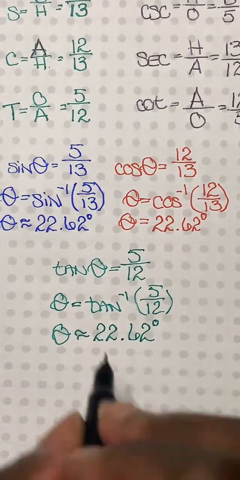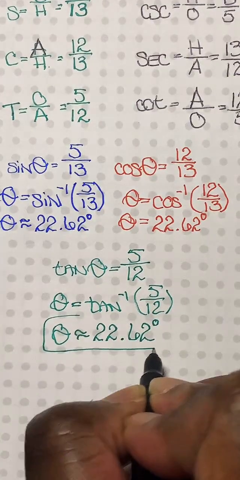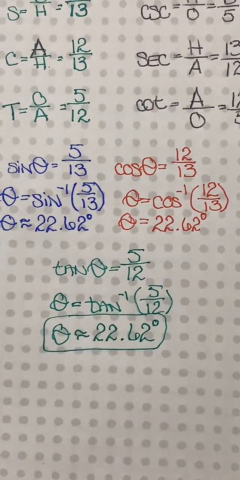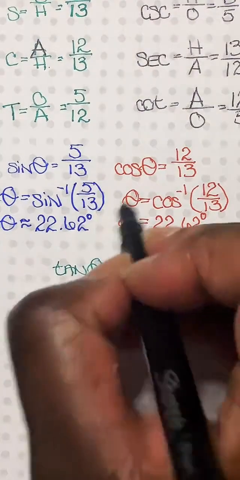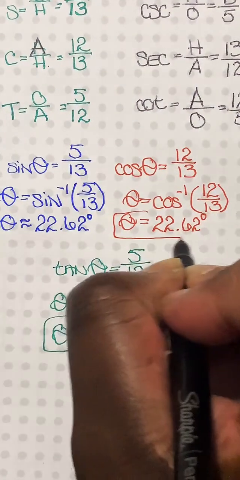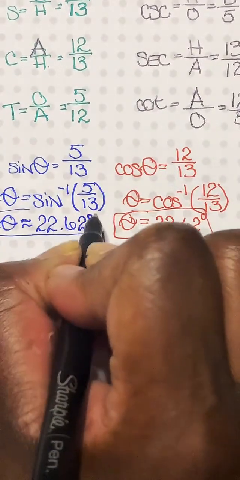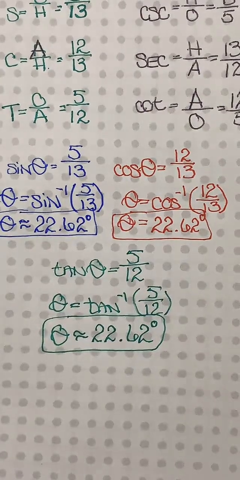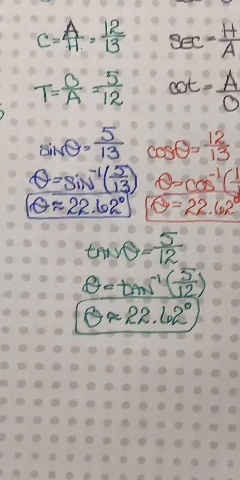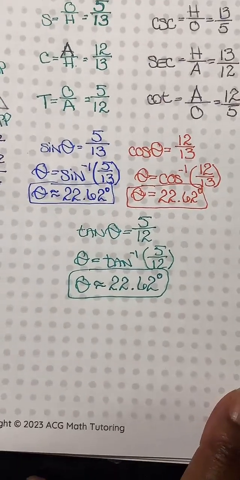That's the main point that I have for all of this. It doesn't matter if you pick sine or cosine or tangent when you need to figure out your theta, just make a decision. Okay, just make that decision.